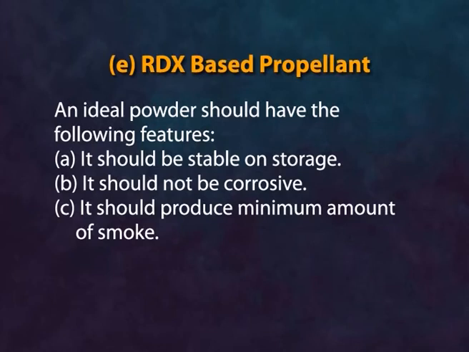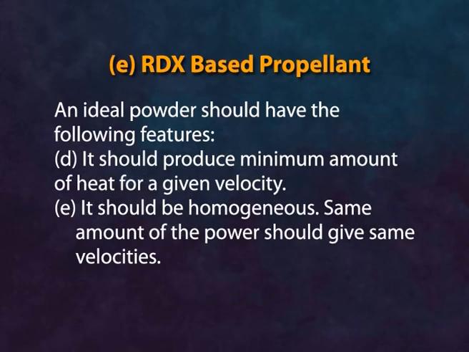An ideal powder should have the following features: it should be stable on storage, it should not be corrosive in nature, it should produce a minimum amount of smoke, it should produce a minimum amount of heat for a given velocity, and it should be homogeneous, that is, the same amount of the powder should give the same velocities.